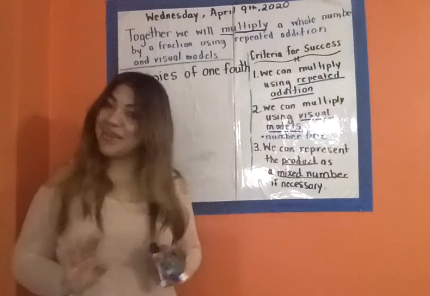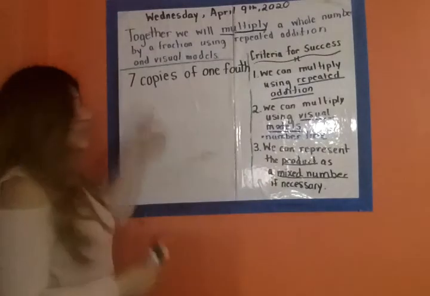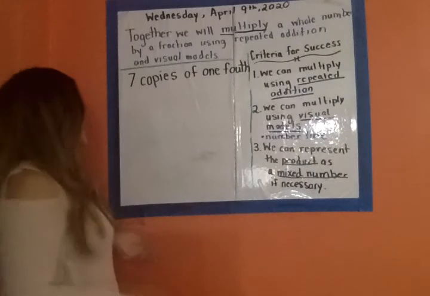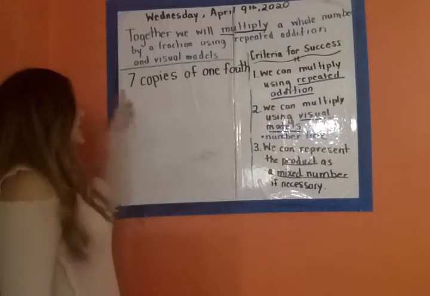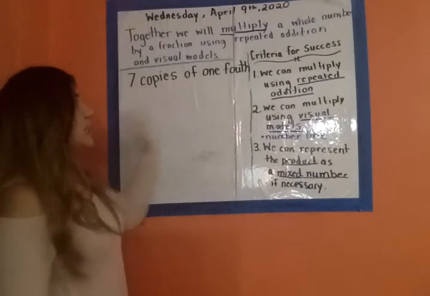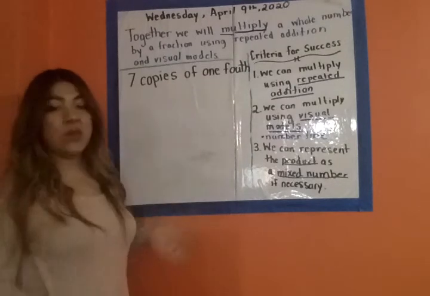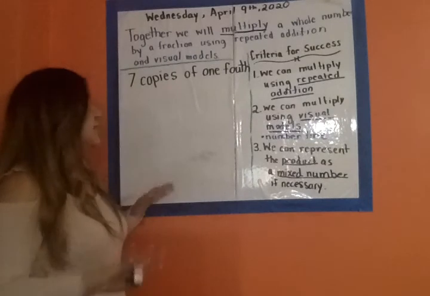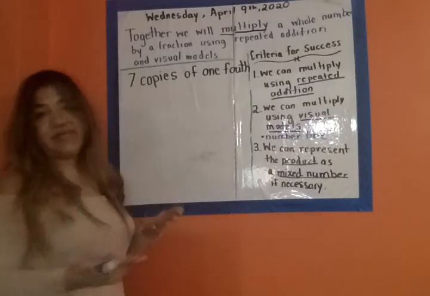Alrighty, so for the second part of this morning's video, we're going to dive into a similar question. It's asking me, what is 7 copies of 1/4? Now, just because we see it written with words, it doesn't carry a different meaning, right?